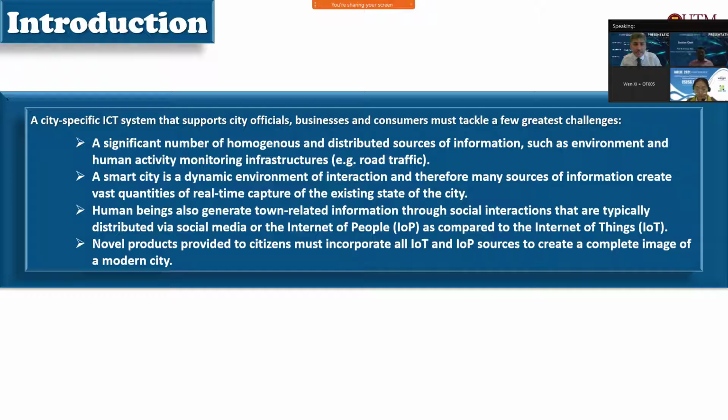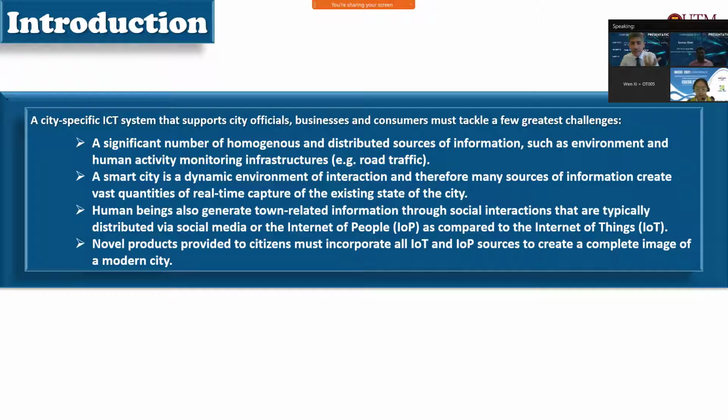A city-specific ICT system that supports city officials, business, and consumers must tackle a few greatest challenges. So we have a challenge: a significant number of heterogeneous and distributed sources of information such as environment and human activity monitoring infrastructure. The other challenge: a smart city is a dynamic environment of interaction, and therefore many sources of information create a vast quantity of real-time capture of the existing state of the city.